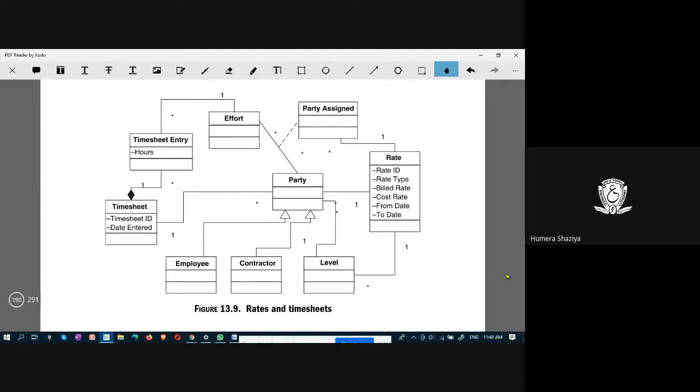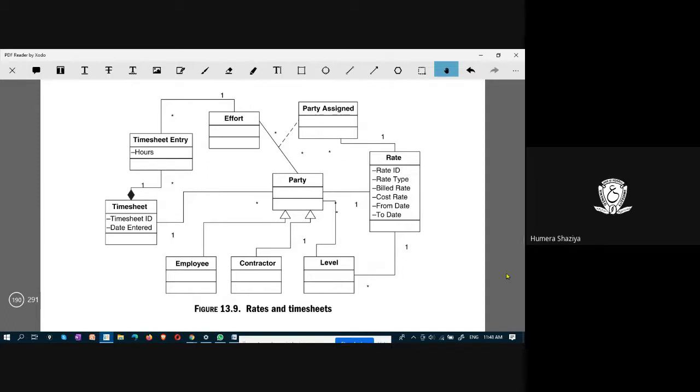So this effort is made by some party, an employee or contractor or at some other level, and this effort is recorded in the timesheet entry that contains a timesheet which has timesheet ID and date. And then there is a table rate.